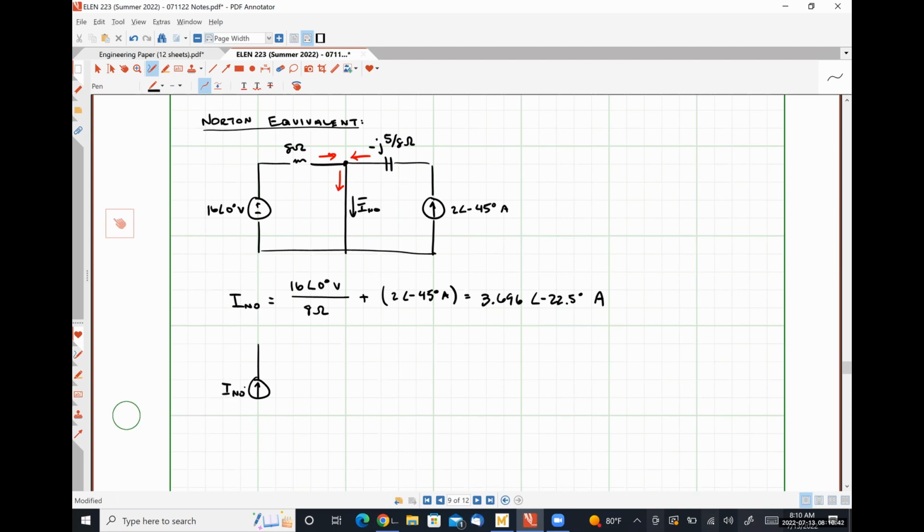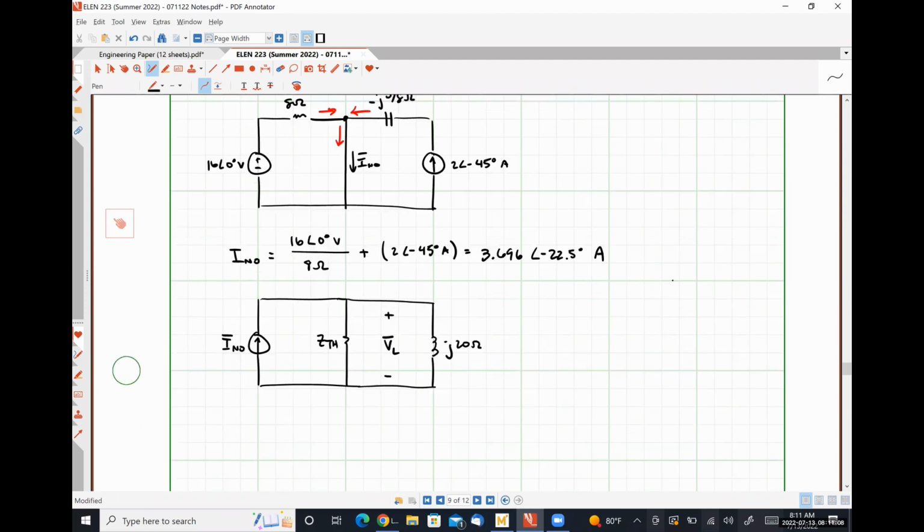Since we already know what our Thevenin equivalent impedance is, our Norton equivalent circuit would look like this. So we'd have I Norton in parallel with ZTH in parallel with our J20 ohm inductor, and the voltage drop VL is the voltage drop over the J20 ohm inductor.